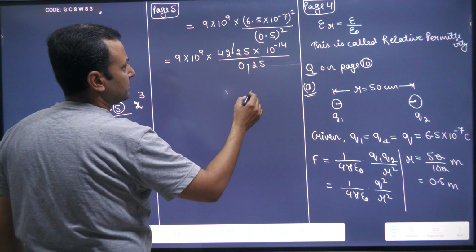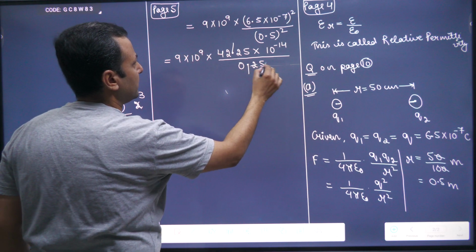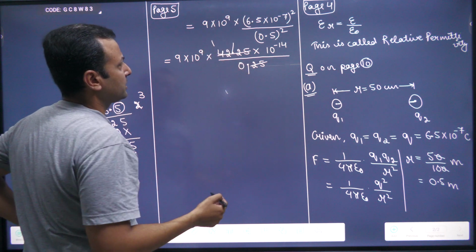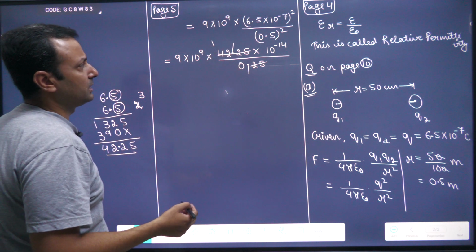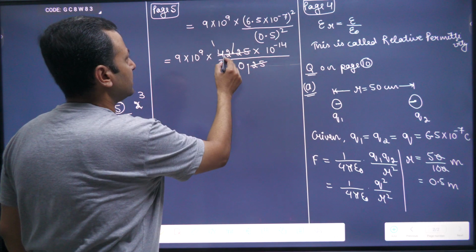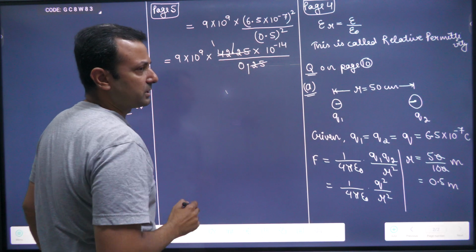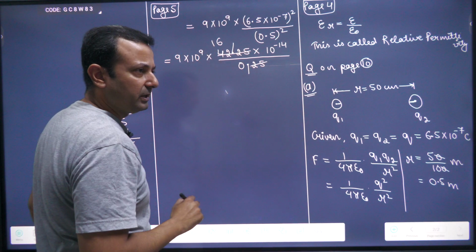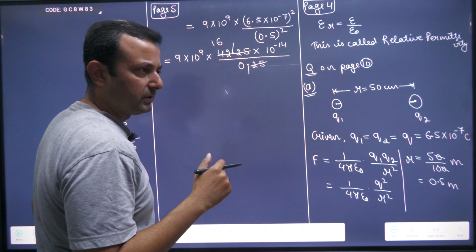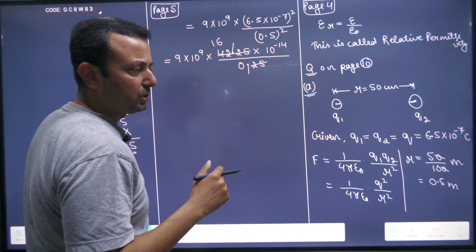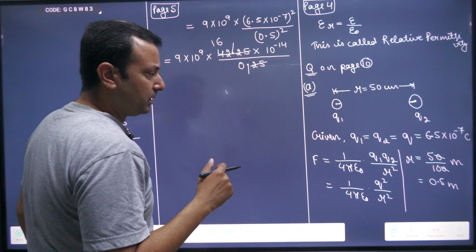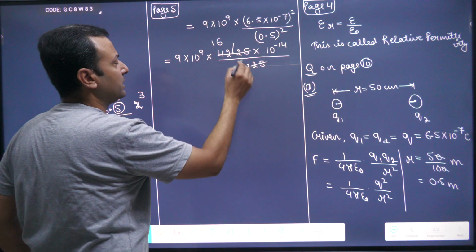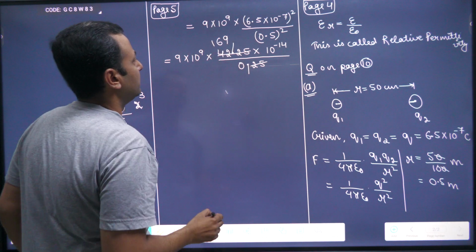So if we want to divide 42.25 by 0.25, that is 4225 by 25. 25 ones are 25. If we subtract 25 from 42, then it will be 17. Bring down 2, 172. 25 sixes are 150. If we subtract 150 from 172, we will get 22, and 5 is there, so 225. 25 nines are 225.